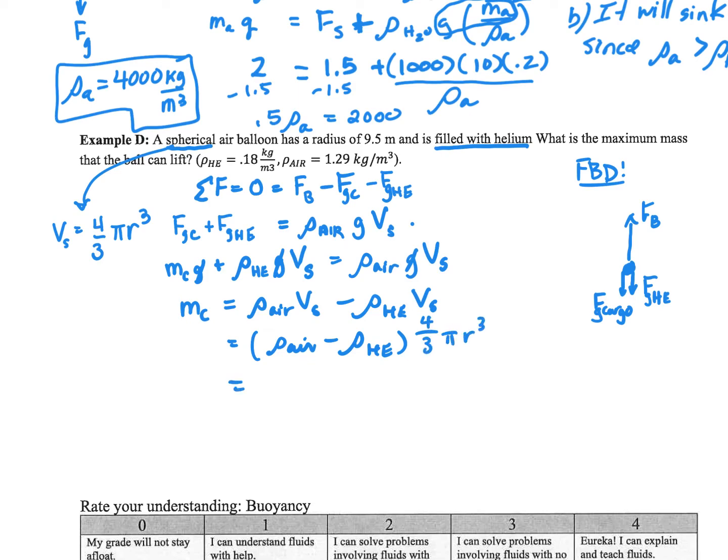So let's figure out what all of those are. Density of air is what? Minus 0.18... 1.8 times 4/3 times pi times the radius, which would be 9.5 cubed. We can throw all that through a calculator.